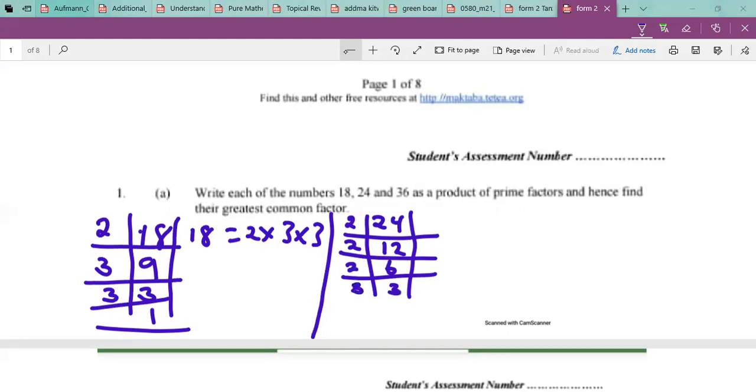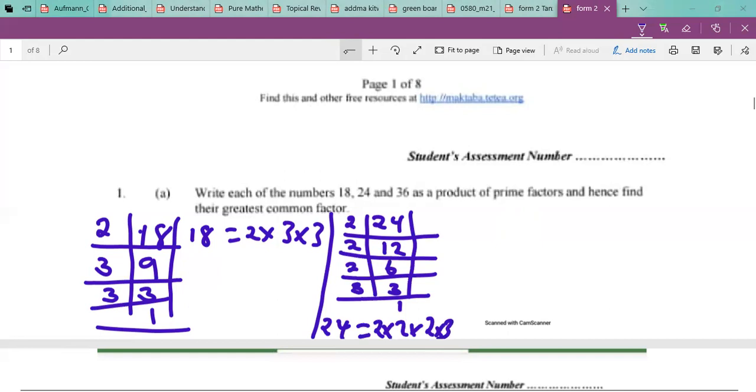You bring down 3. 3 into 3 is 1. It means the product of prime factors of 24 is 2 times 2 times 2 times 3.